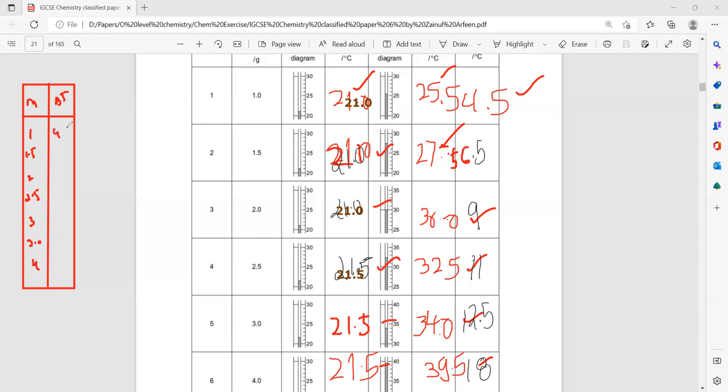And the temperature changes 4.5, 6.5, 9, 11, 12.5, and then 18. So these are the temperature changes.